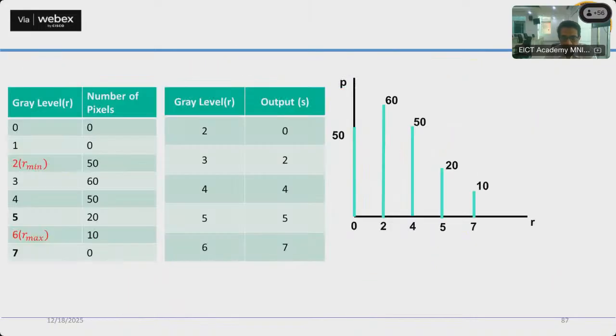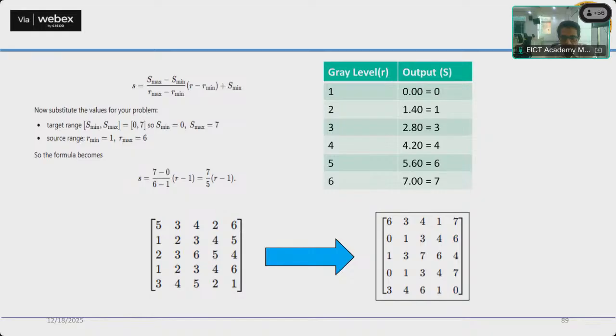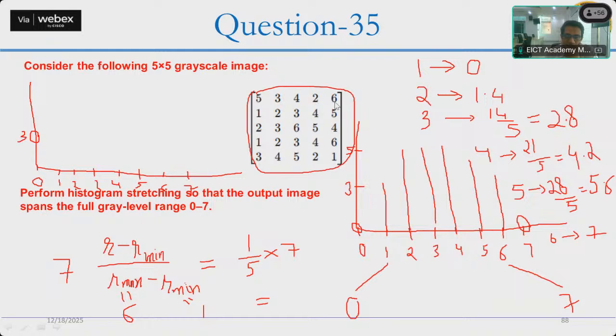Right? That has been done here. 6 will be replaced by 7, and when you see all these things, this has been done here. This 6 will be replaced by 7, 7. So when you see here, this will be the new image.